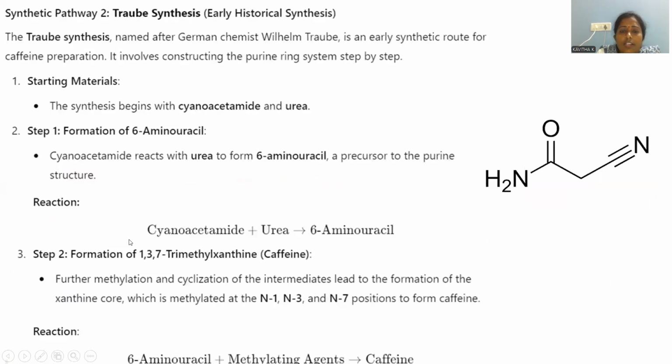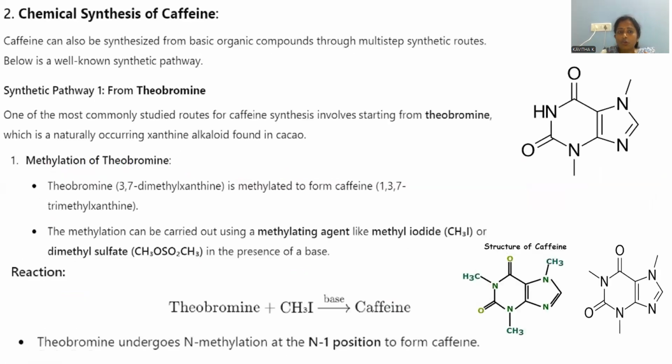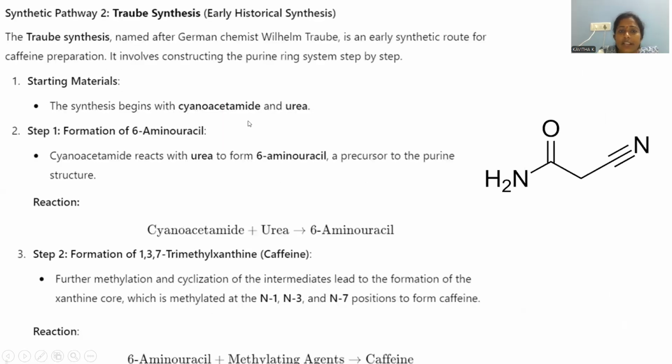So we have gone through three alternative methods, but though we have three different methods, all are either a one-step process or a two-step process. Sorry. In theobromine, only one step alkylation is required to make caffeine. In the case of cyanoacetamide, it should be added with urea and subsequently further methylation is required.